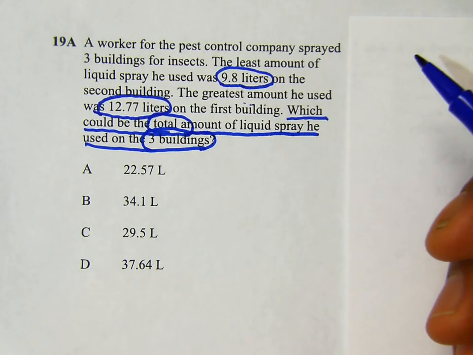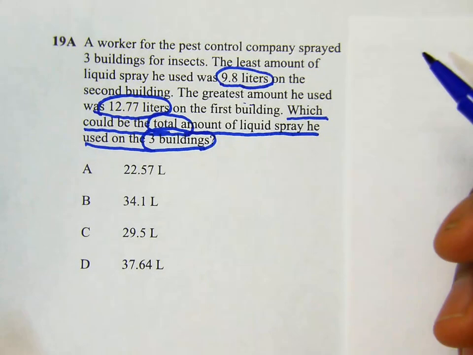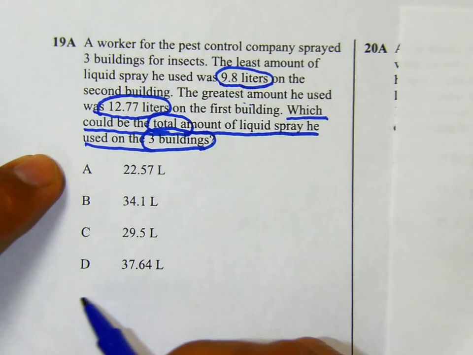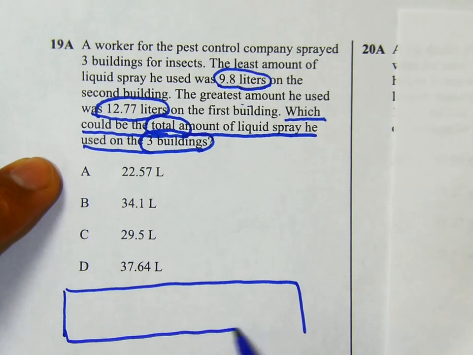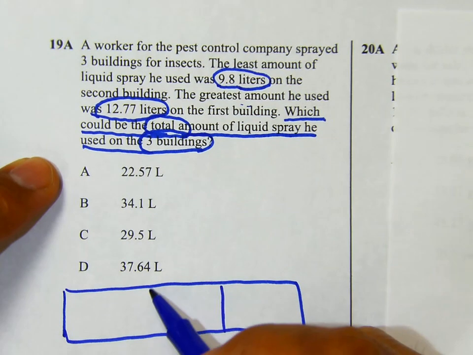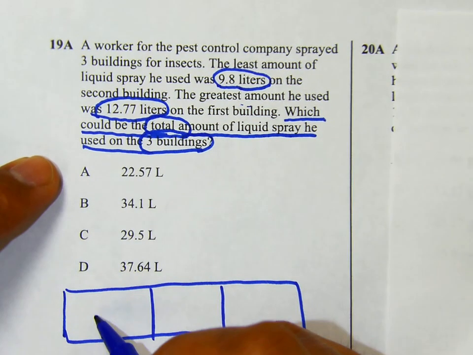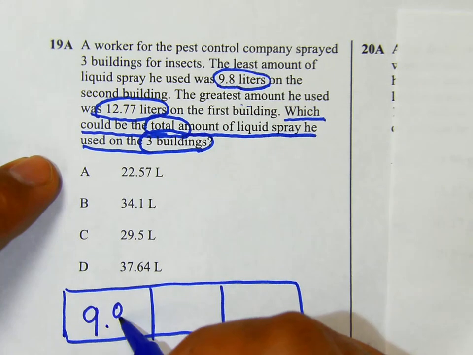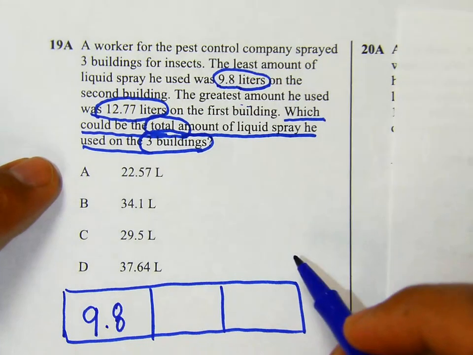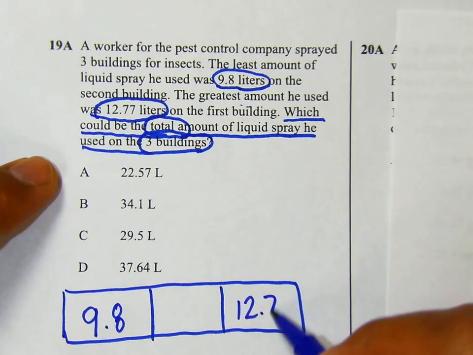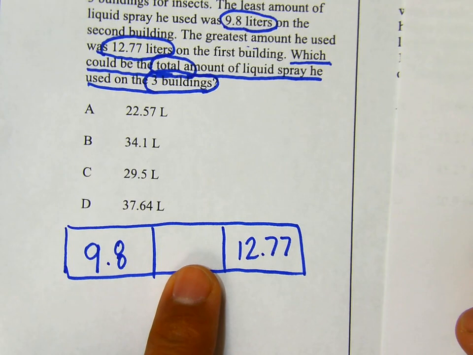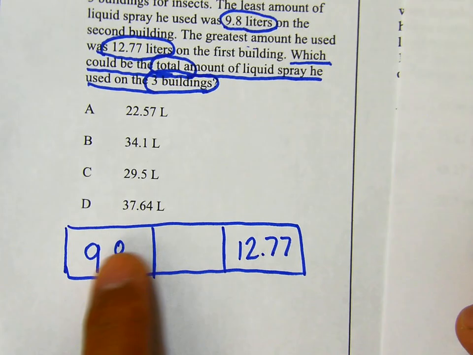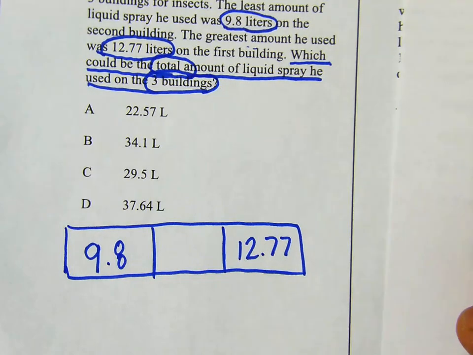We want to know which could be the total amount for the 3 buildings. So if there were 3 buildings, the least he used was 9 and 8/10, and the most was 12 and 7,700. So the third building should be somewhere in between these 2 amounts.